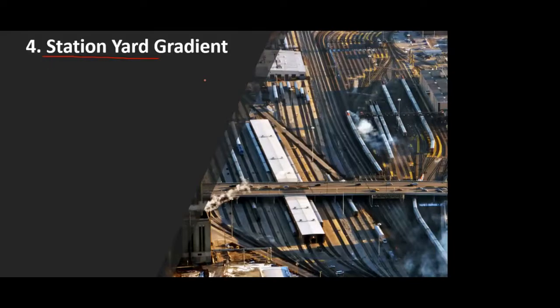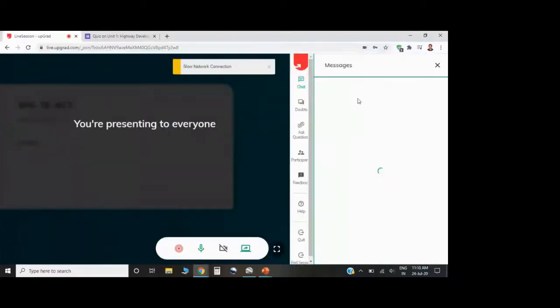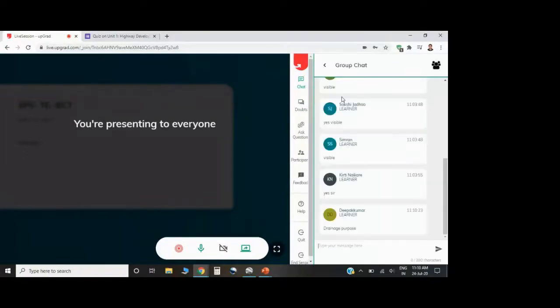It's just a parking area or a maintenance area. So whether a gradient should be provided or not, and if it is provided, why? Just mention the reason in the chat box. I'll give you 2-3 minutes.